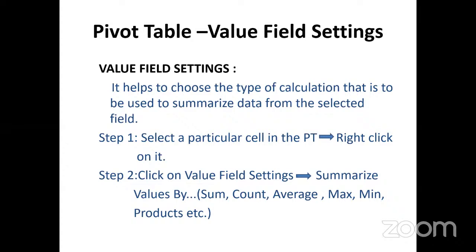We can summarize our values by using several mathematical functions, or logical functions, as one may say, which are available in Excel. These are also available with the pivot table, which is a subset of Excel. That is, we can use sum, we can count, we can do average, we can find out the maximum value, which is max. We can also find out the minimum value, which is the smallest value, and also we can do products.